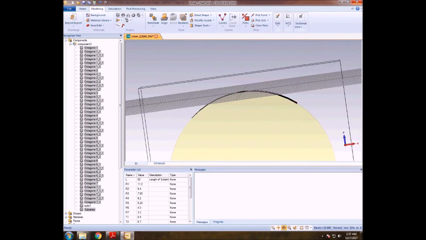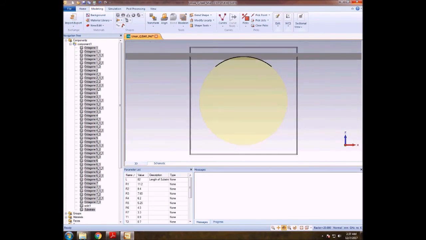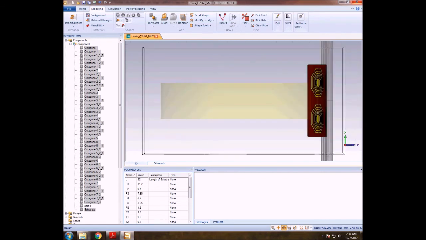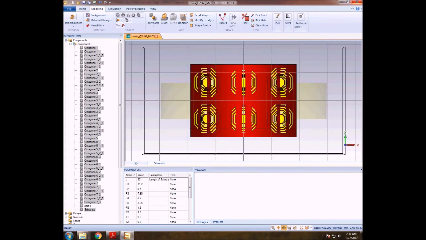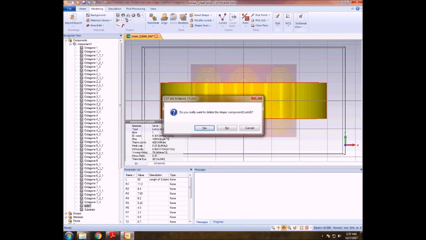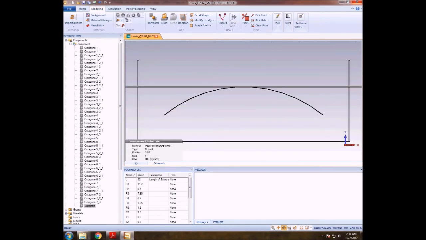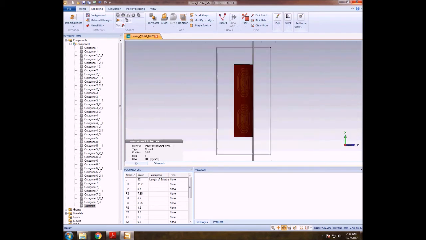We can see this shape is bent on the cylinder which has a radius of 60 millimeter. Now we have to remove this solid. This is the shape of the octagonal structure.